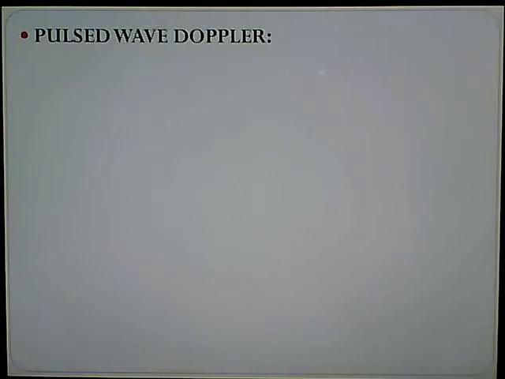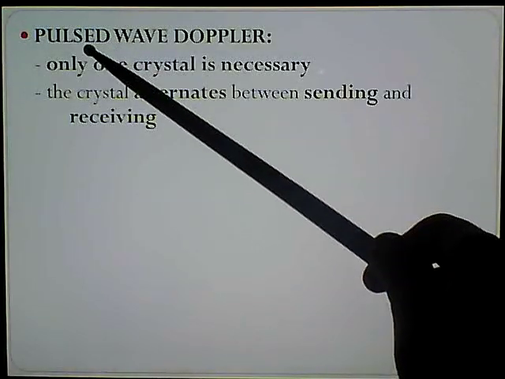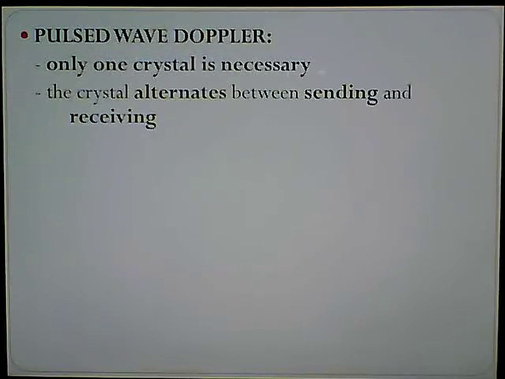Now let's talk about pulse wave Doppler. Only one crystal is necessary. The crystal alternates between sending and receiving. Hence the word pulsed. We have an on and an off time now, or a transmit and a listening.